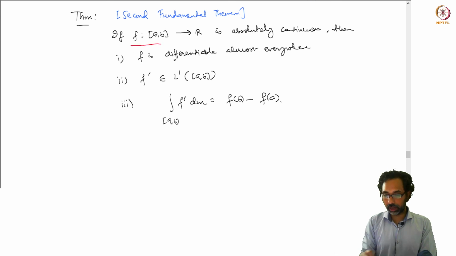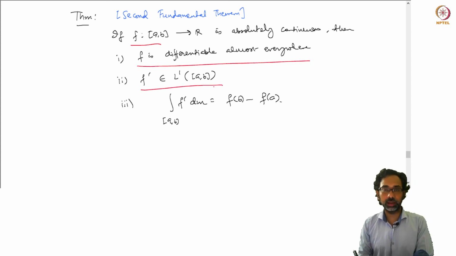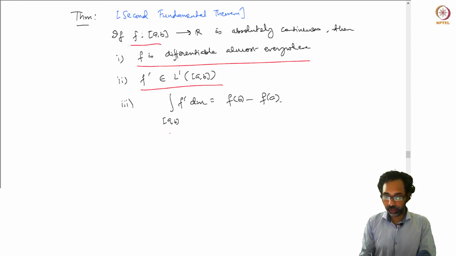So if you have an absolutely continuous function on a compact interval [a,b], first that f is differentiable almost everywhere, second that f prime is an absolutely integrable function on [a,b], and thirdly that the integral over [a,b] of f prime is precisely f(b) minus f(a).